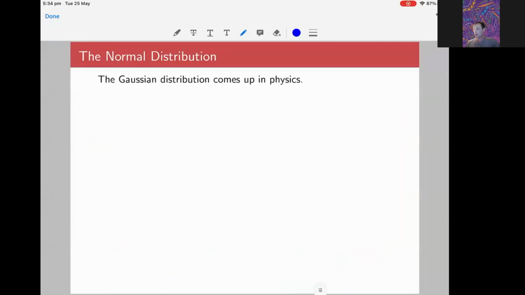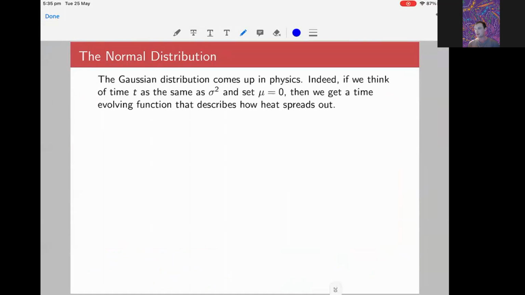The first thing I wanted to point out to you is that even though the Gaussian distribution really has its roots in probability theory, it actually comes up a lot in physics. The way to convince you of that is to consider the following.